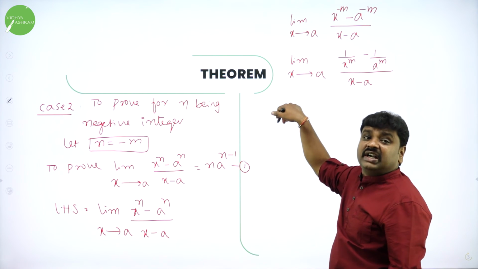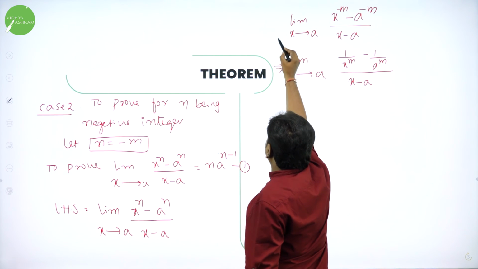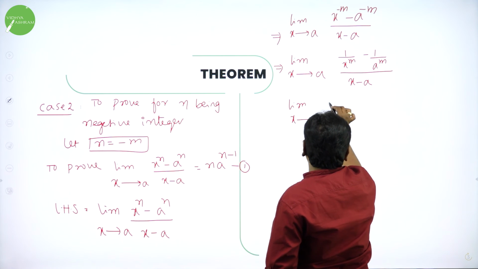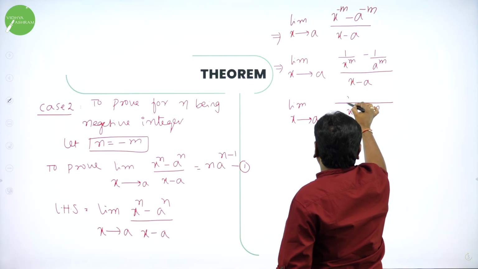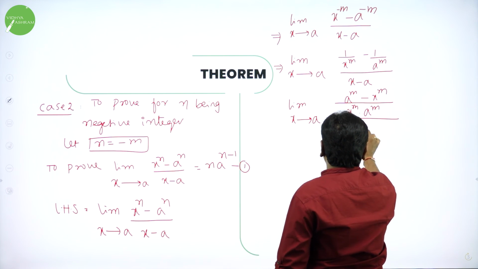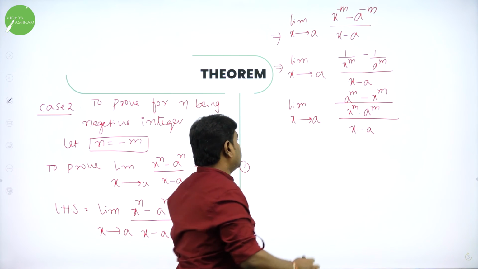Now for the numerator I will take LCM. So limit x tends to a. What is the LCM? x power m into a power m. Cross multiply, it will become a power m minus x power m divided by x minus a. Now I will write the denominator in the denominator.